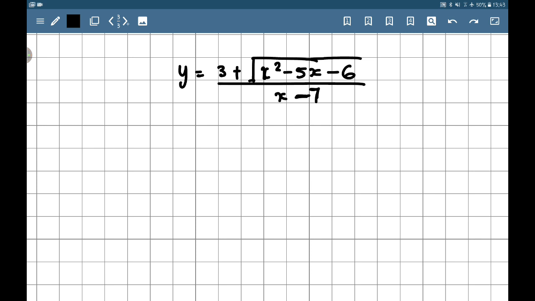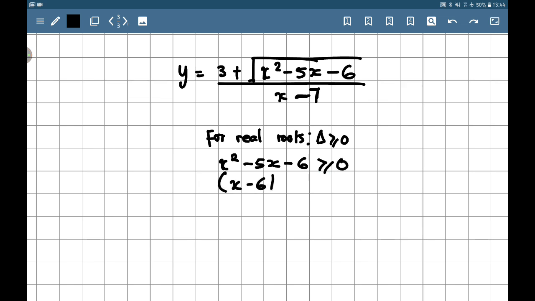The roots were supposed to be real, right? Yes. So you start your solution by saying for real roots, delta must be greater than or equal to 0. So this is x squared minus 5x minus 6 is greater than or equal to 0.